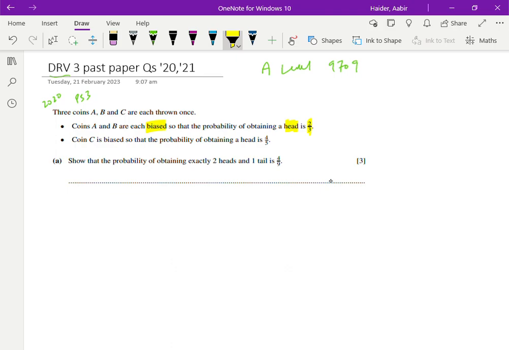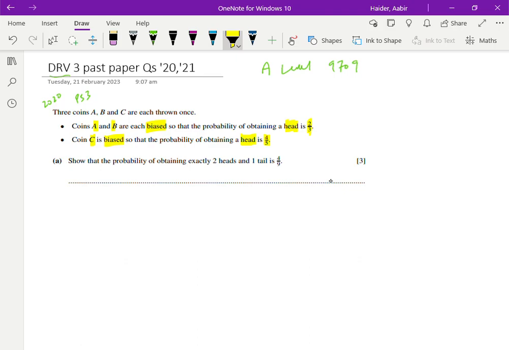Rather, as you can see, it is more favorable towards bringing in a head than it is in bringing a tail. And same is the case with C. C is also biased, but it is even more biased towards head and it is giving 80% or 4 by 5 probability for head.